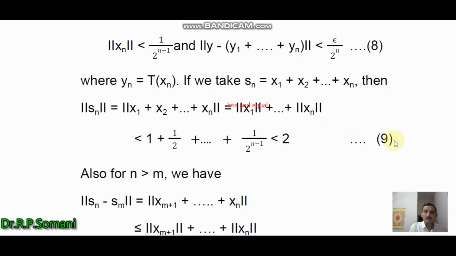So we denote this as equation number 9, that tells us that norm of the Sn is less than 2.